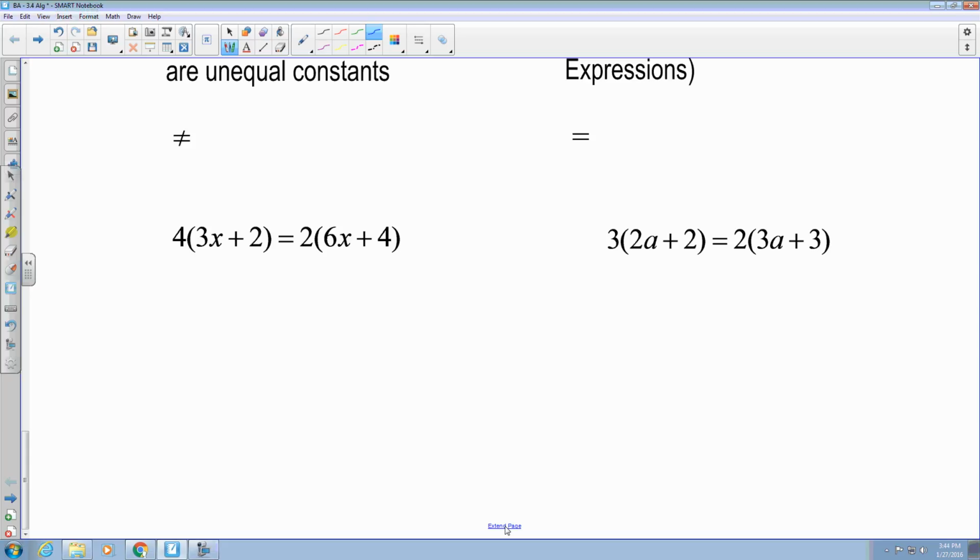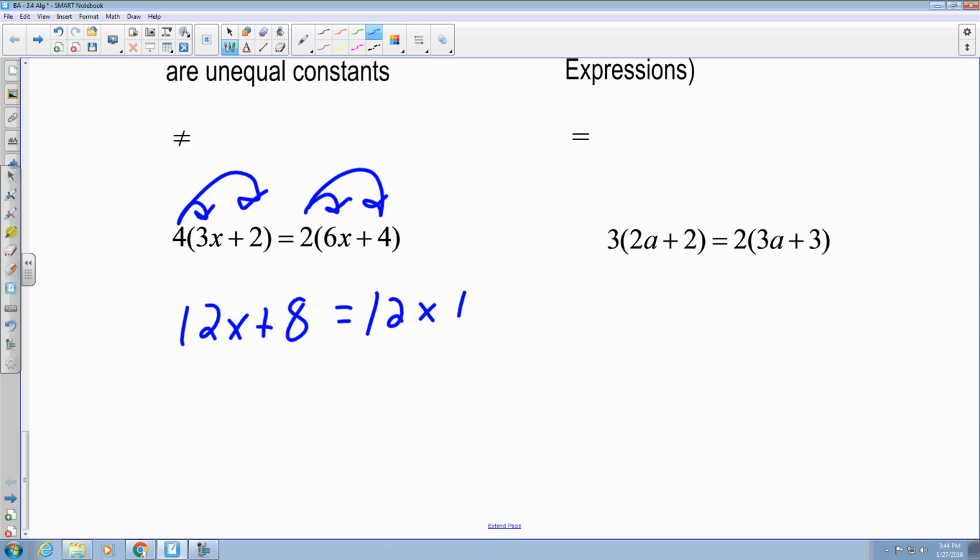You're still going to solve it out. You're going to distribute here, and I'm going to distribute here. When I distribute out both sides of the equation, I get 12x plus 8 equals 12x plus 8.